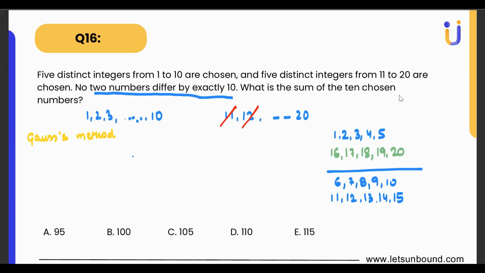Clubbing the first and the last numbers, and so on, the last pair will be 5 and 16, which will also add up to 21. Now there are 5 such pairs which add up to 21. So 5 times 21, which is 105, is my answer.